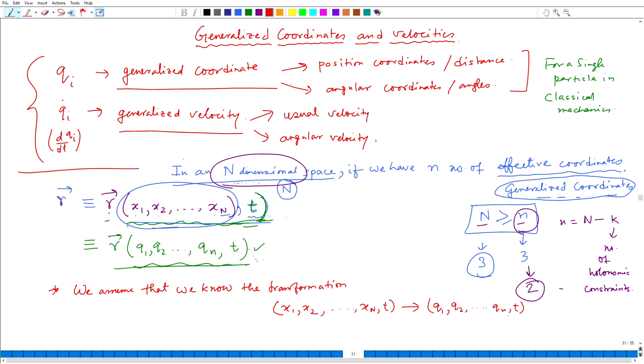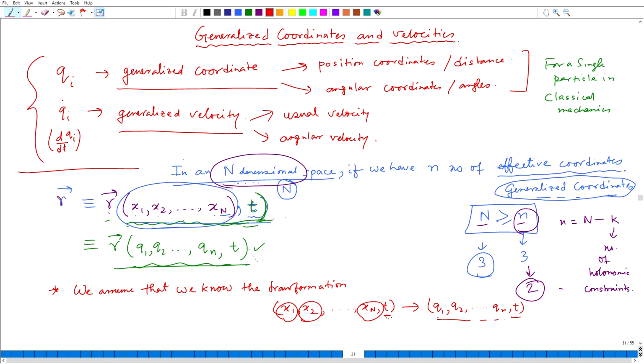That means that each of the xi's will be represented as a combination of the qi's and t.